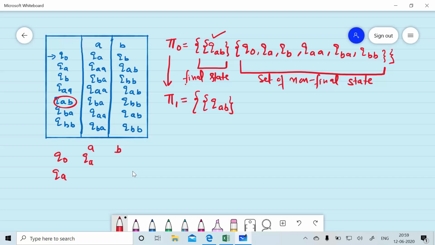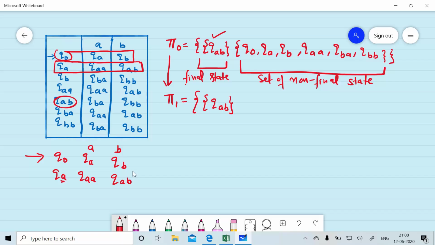Under A it is QA, under B it is QB; under A it is QAA, under B it is QAB. These two rows are taken from the first row and the entries of QA.